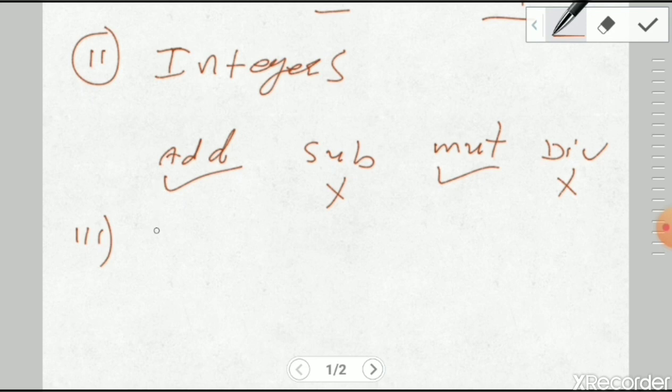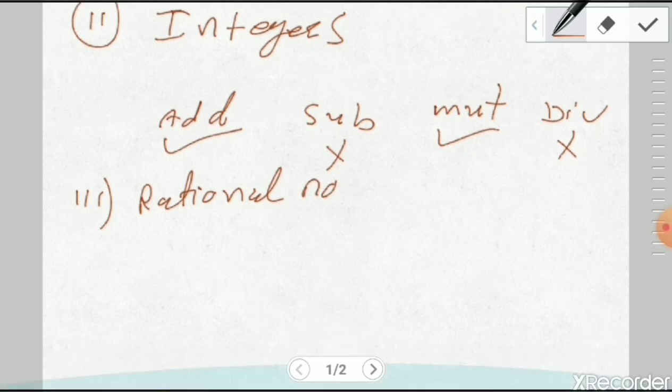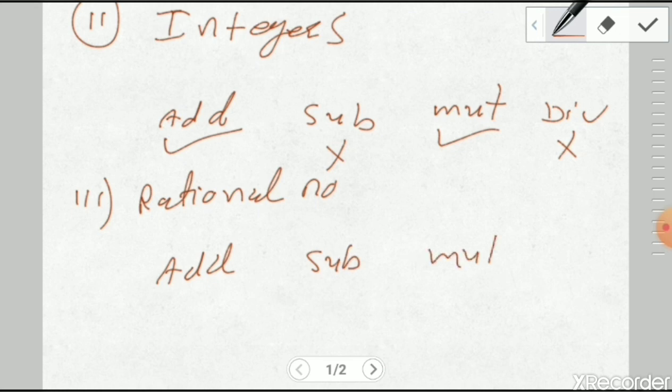Then the third one is rational numbers. Here also addition, subtraction, multiplication and division.